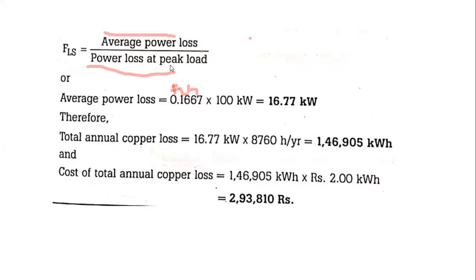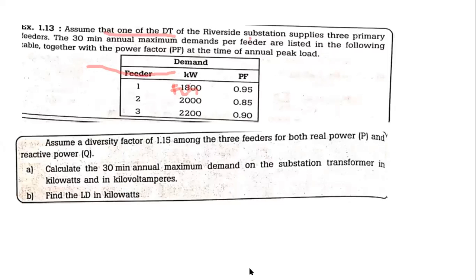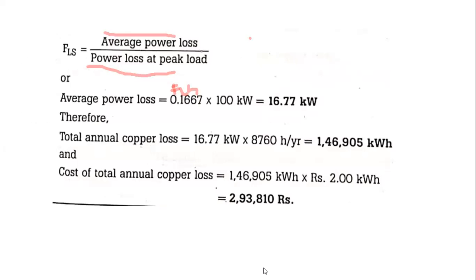Next, we calculate the total annual copper losses. What is that formula? Annual copper losses is equal to average power losses into hours. How many hours are there in a year? 8760.